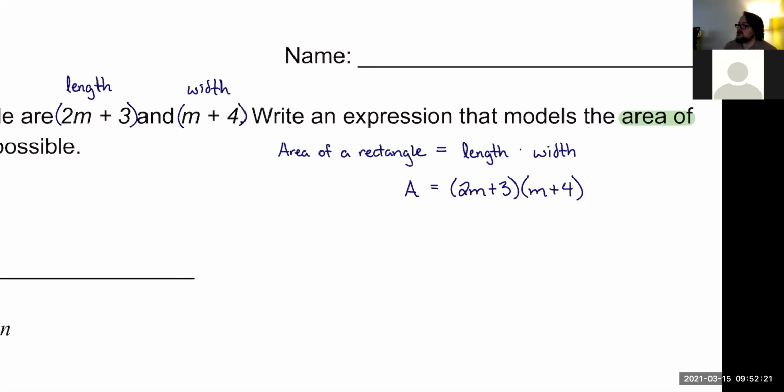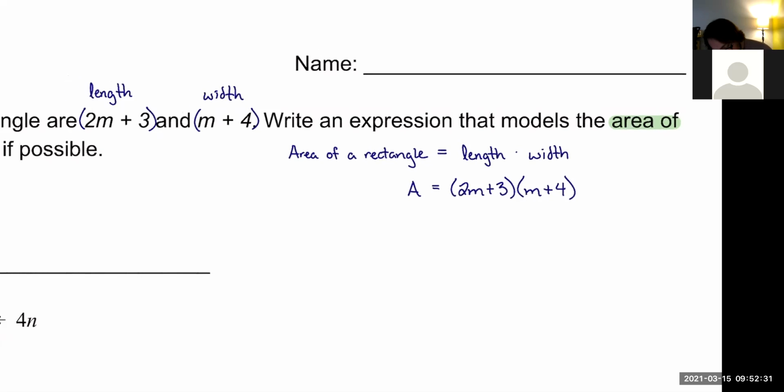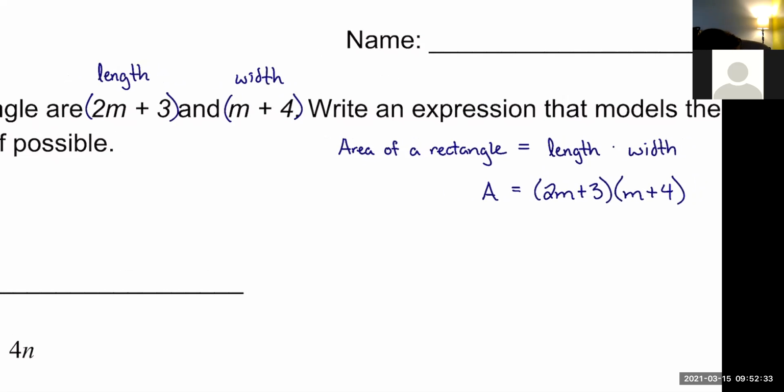So long story short, it was just a really fancy way of asking us to multiply two binomials together, which we spent a lot of time doing in Unit 4. And this is where we typically would use a box. This box is going to be 2 by 2 because they're both binomials.